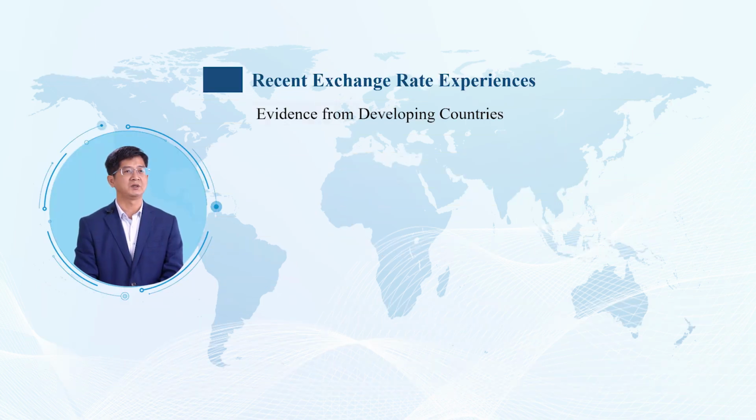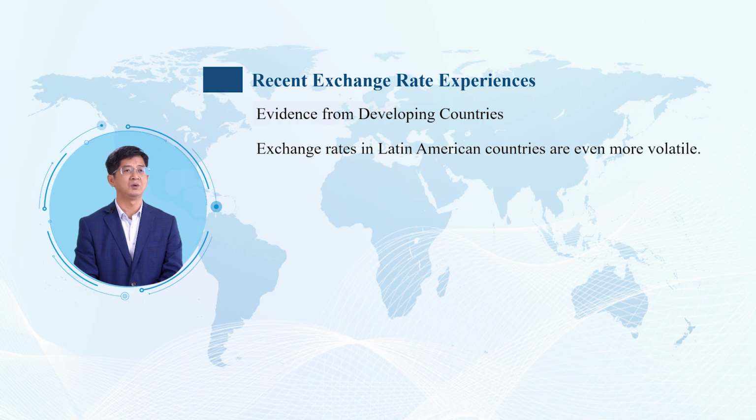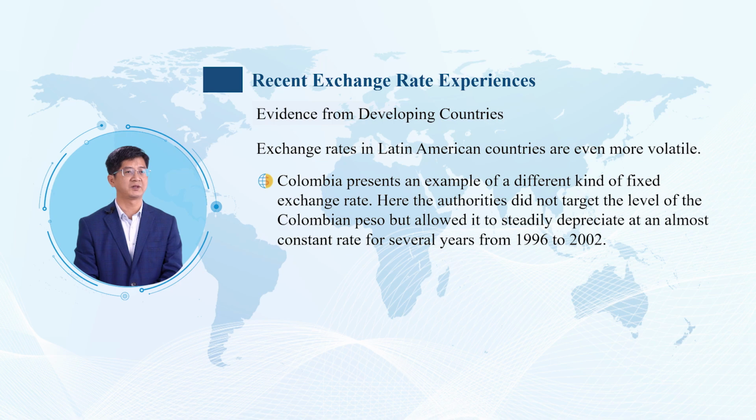Exchange rates in Latin American countries are even more volatile. Colombia presents an example of a different kind of fixed exchange rate. Here, the authorities did not target the level of the Colombian peso, but allowed it to steadily depreciate at an almost constant rate for several years from 1996 to 2002.